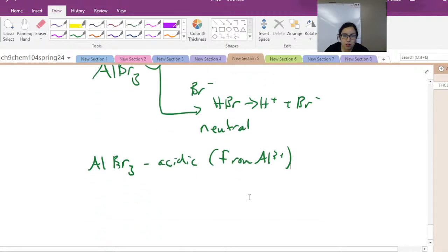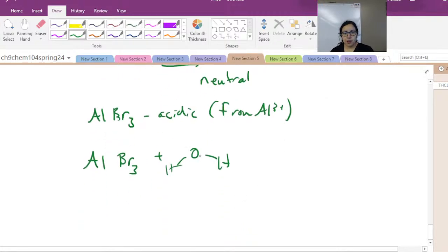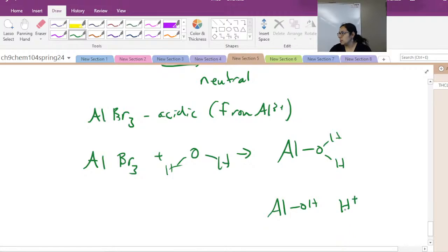Yeah, so what this is saying is, because what it's asking is, what happens in water? So we have aluminum bromide and water. And like I was kind of showing with my bad drawings, you get some sort of pairing here with the water initially, but then one of these hydrogens can float off, so then that leaves you with the aluminum hydroxide and then H plus in solution.